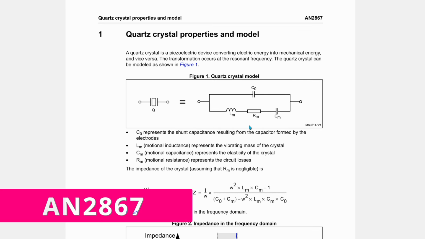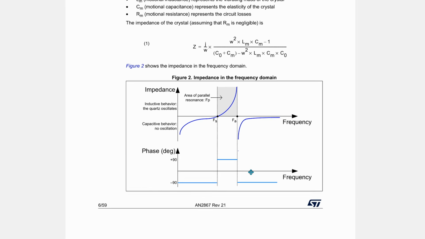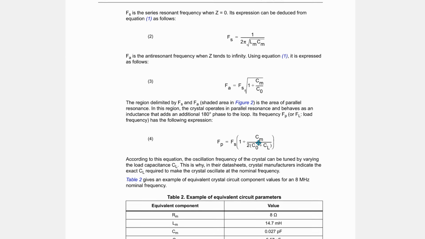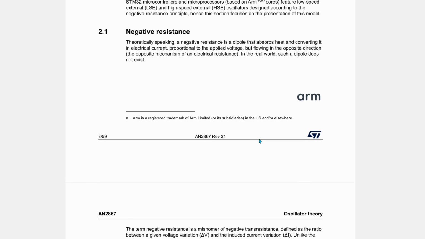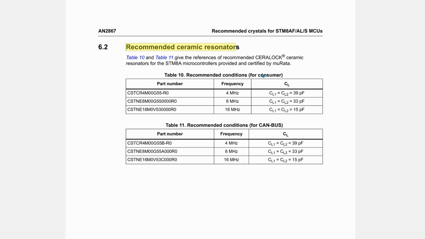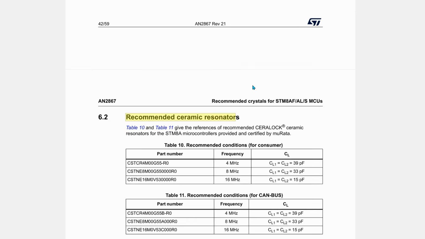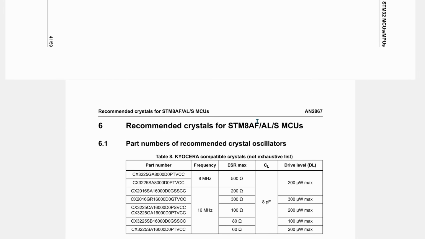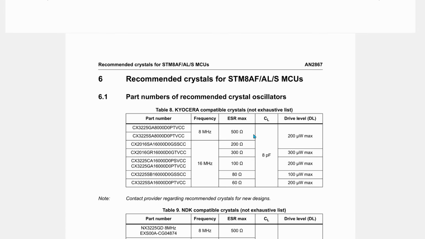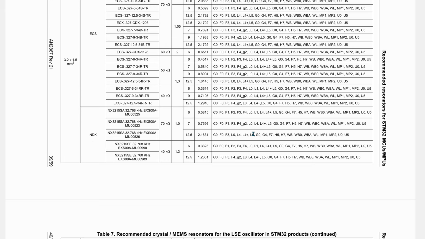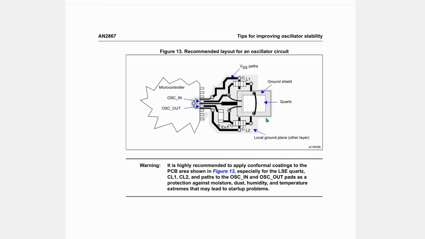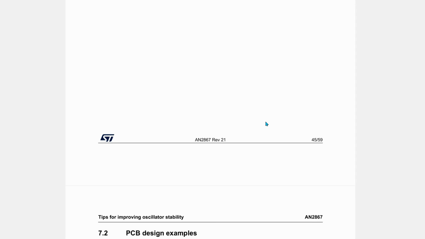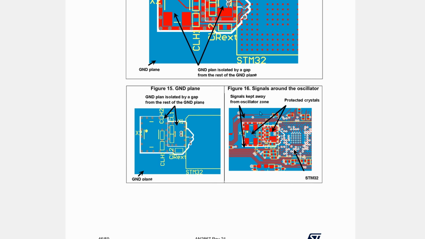AN2867 provides the theory, calculations, and necessary checks for selecting a quartz crystal oscillator. Alternatively, you can simply select a crystal from the provided list. Both low frequency and high frequency crystals are listed here. The examples of tracing the inclusion of a quartz resonator turned out to be useful.